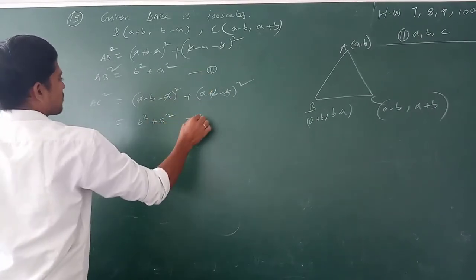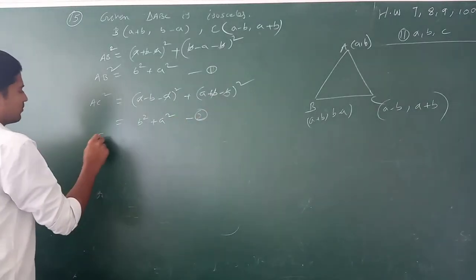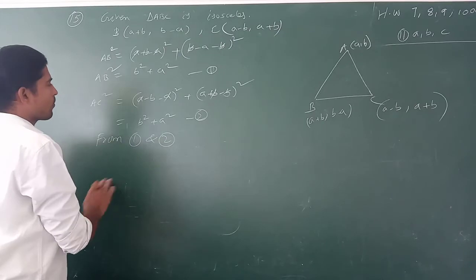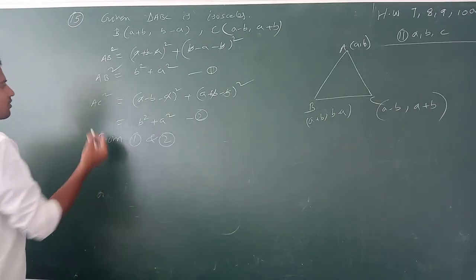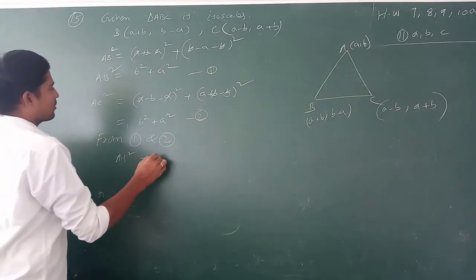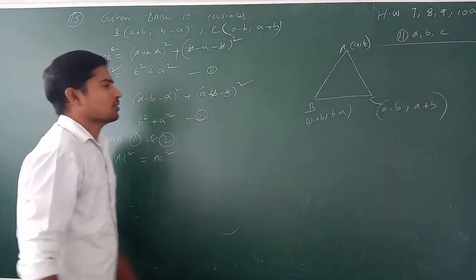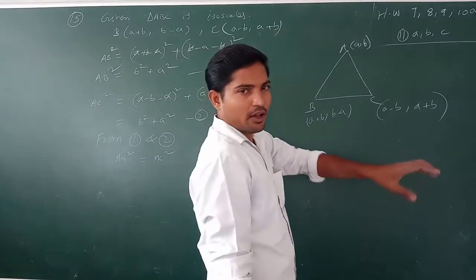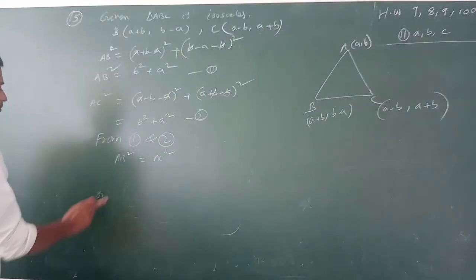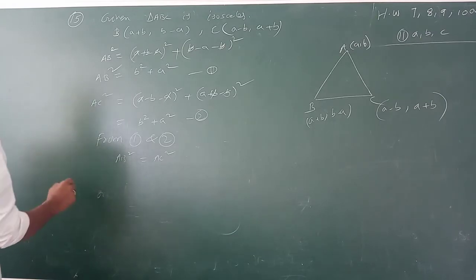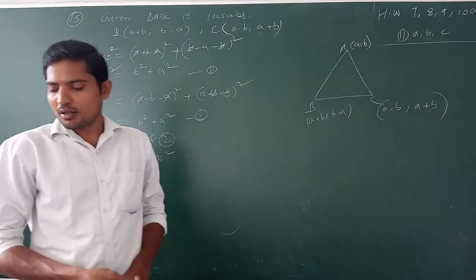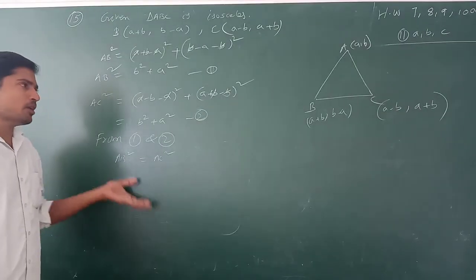Suppose 1, suppose 2. From 1 and 2, AB square is equal to AC square. So when the coordinates of A are (a, b), they are satisfied.